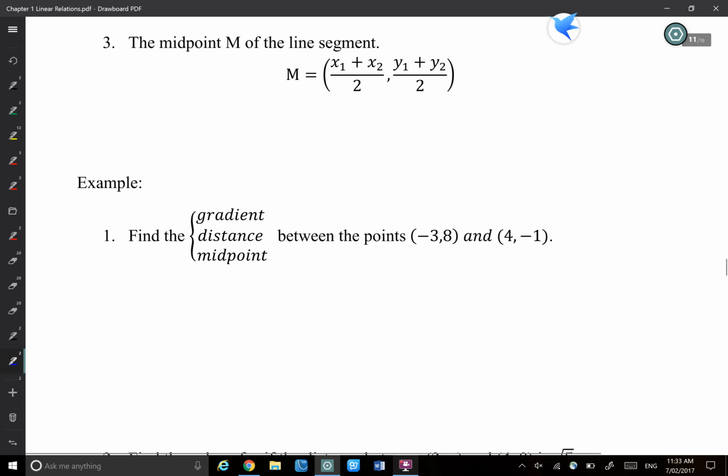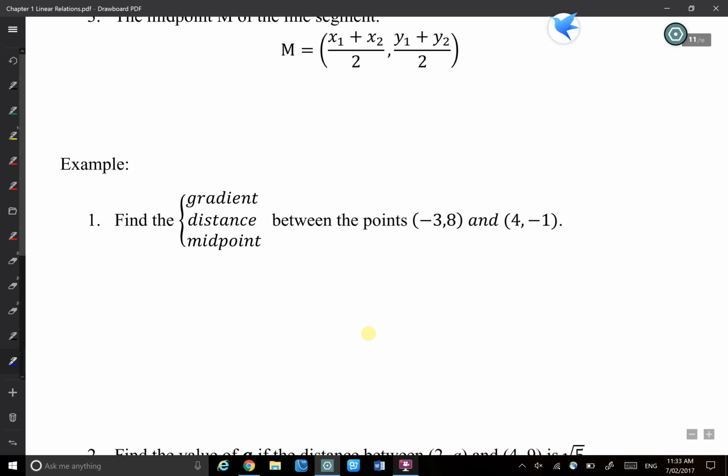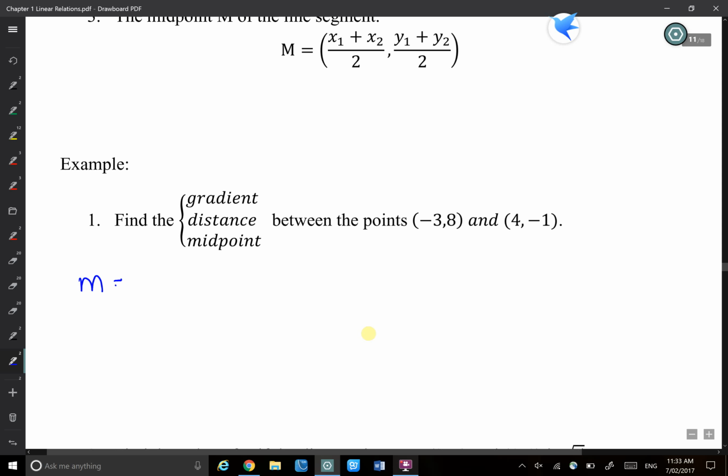Okay, so examples. I want to find the gradient, distance and midpoint between those 2 points. Let's use M to represent the gradient. I'll say that's x2, y2, x1, y1. I use another way to label them.